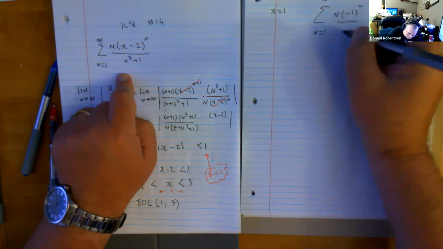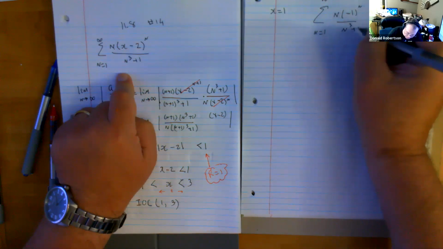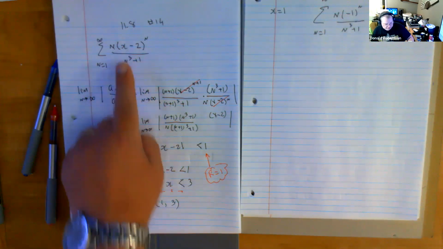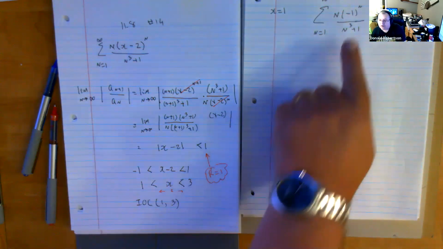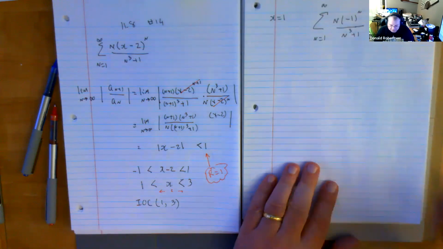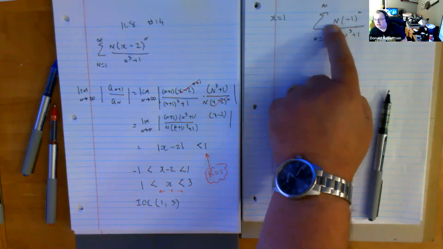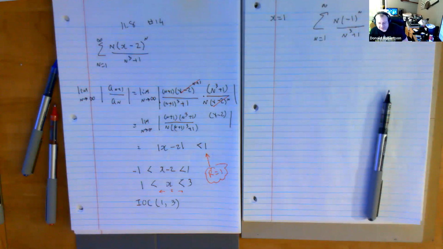And on the bottom, you get n cubed plus 1. So all I've done is take this fella and replace the x with 1, and I now have that. I'm not going to write it, but to me, I think that belongs first and the n belongs second, but that's just cosmetic. Do you recognize this is an alternating series here? Mm-hmm.